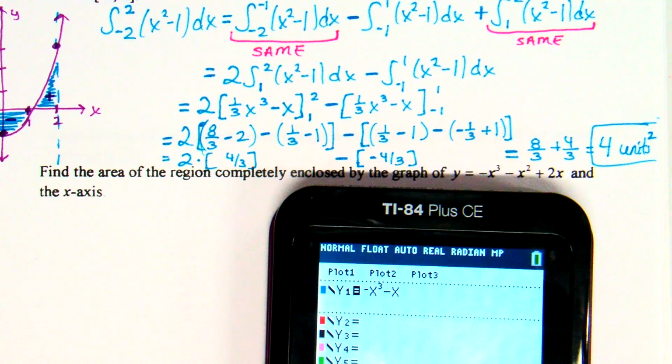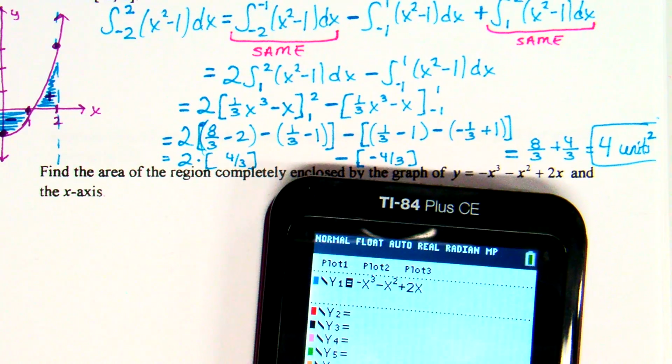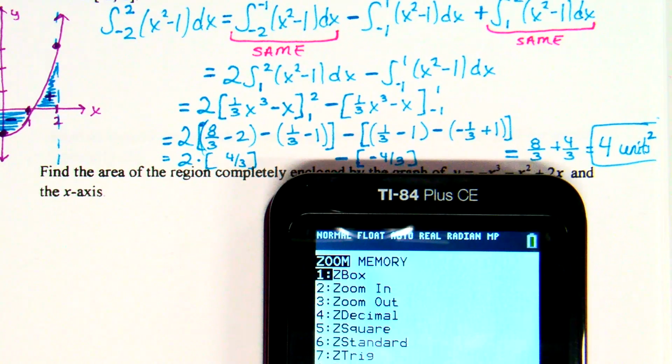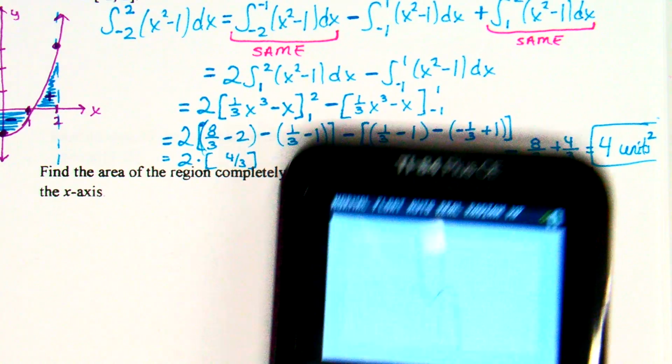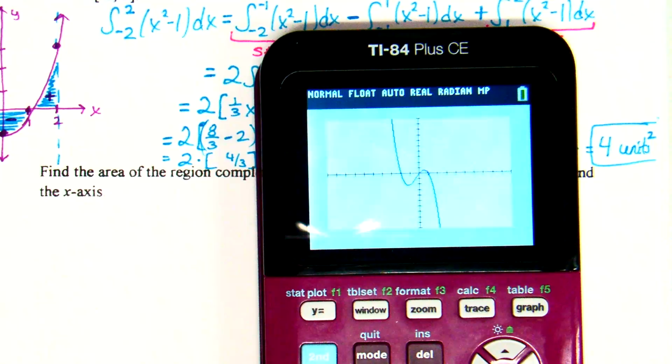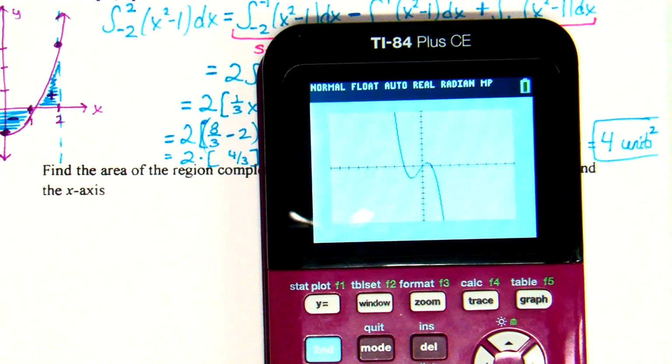Negative x cubed minus x squared. Actually, I guess if we did factor it, we could graph it enough, but it's fine. Okay. Got a graph like that?